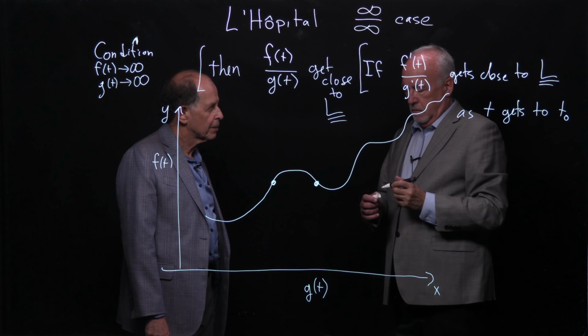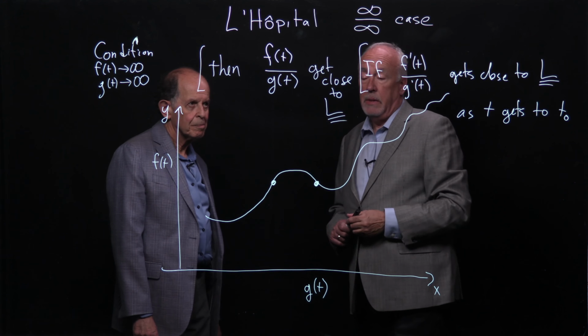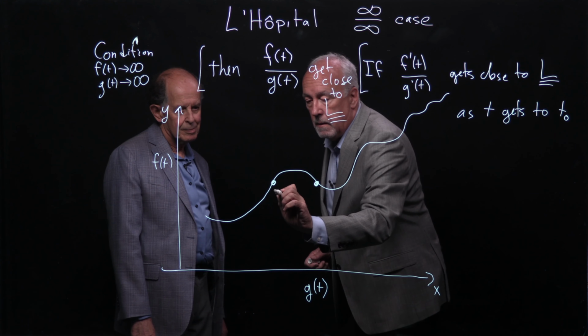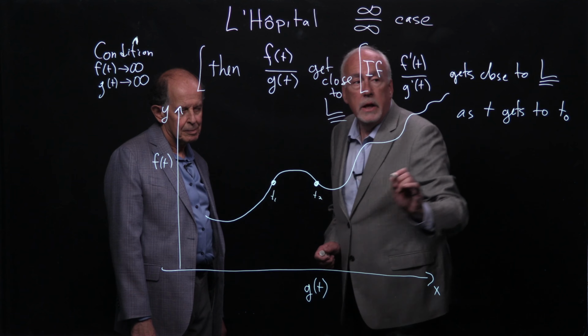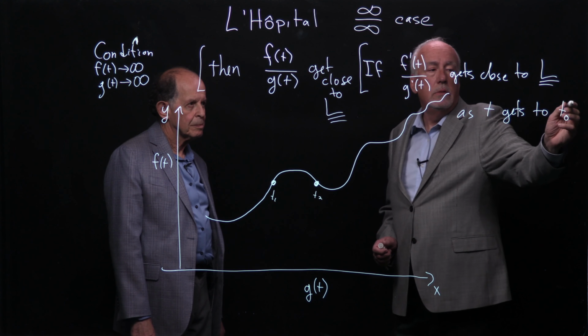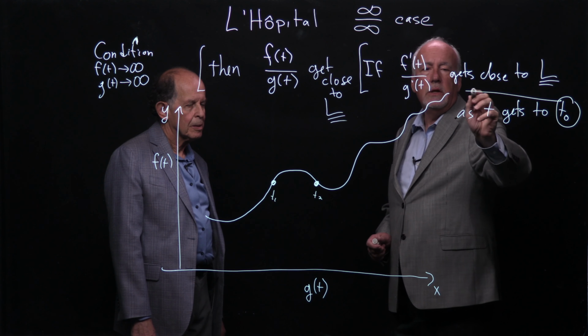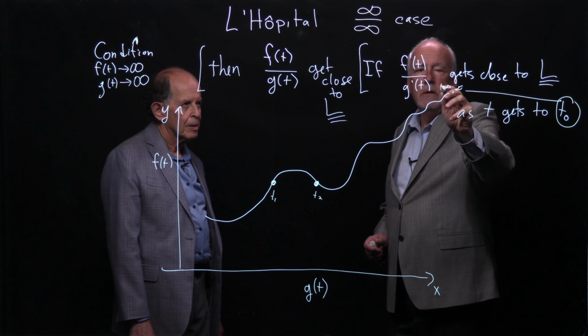These 2 points, I maybe can give them a name. Maybe this is T1 and T2, and out here is T0. As t goes to T0, these things go to infinity and infinity.